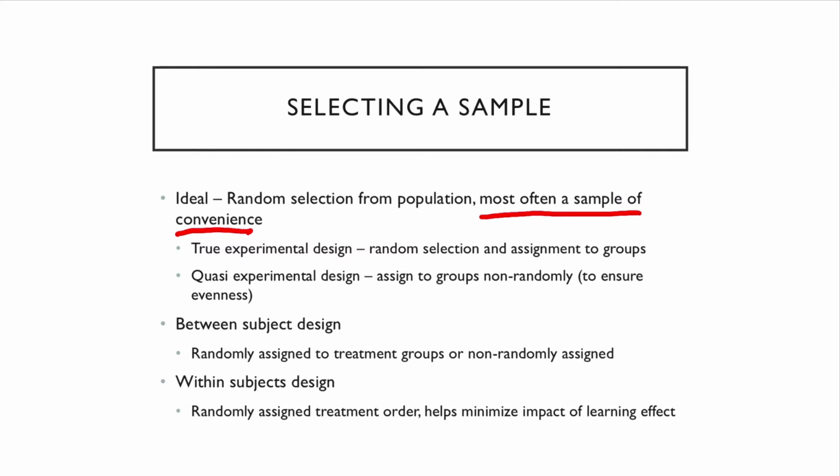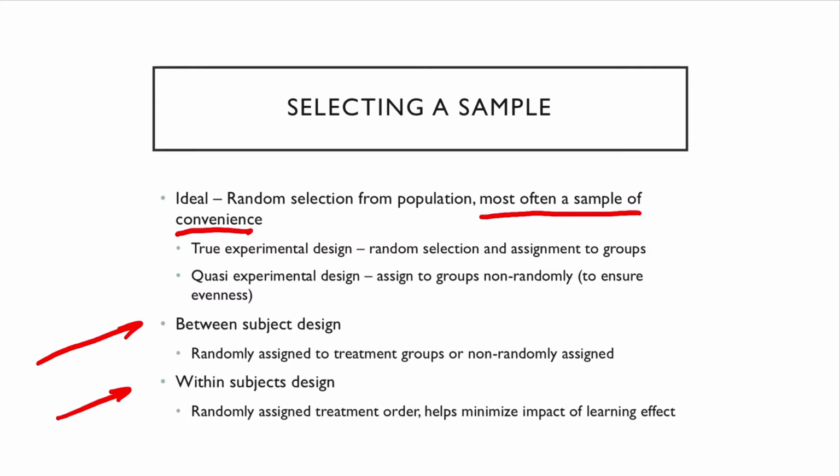And then obviously the people that you pick for your study are going to be utilized in either a between subjects design or within subjects design. And typically we will randomly assign the people to the treatment groups. Sometimes we'll use non-random assignment, which we'll talk about on a future slide. But again, the random assignment to the treatment groups is going to be very important in a between subjects design.